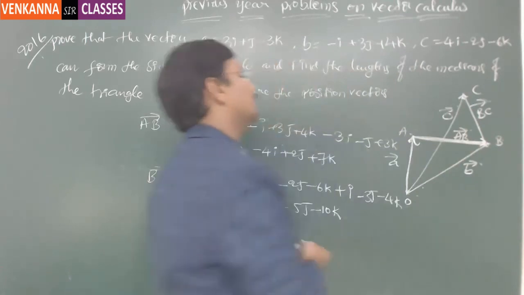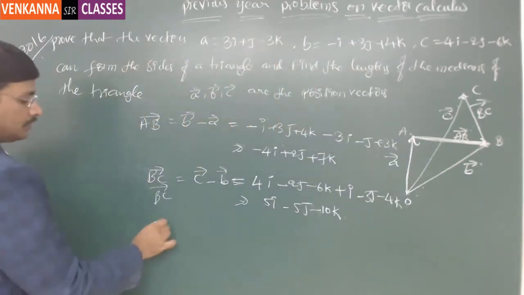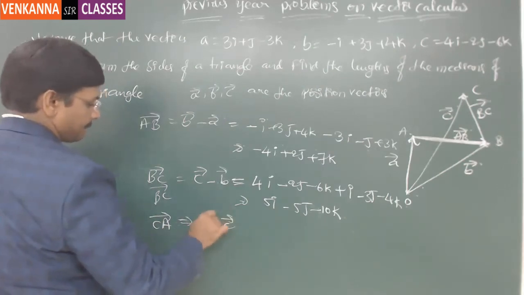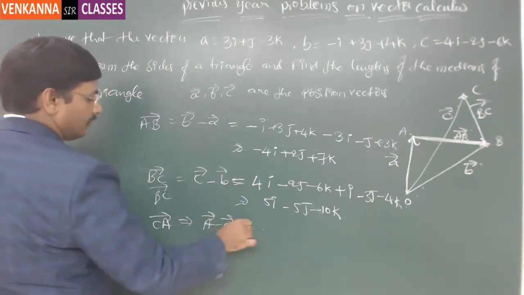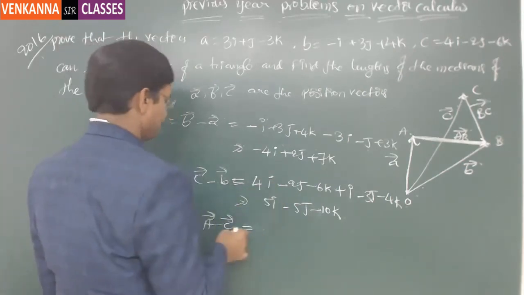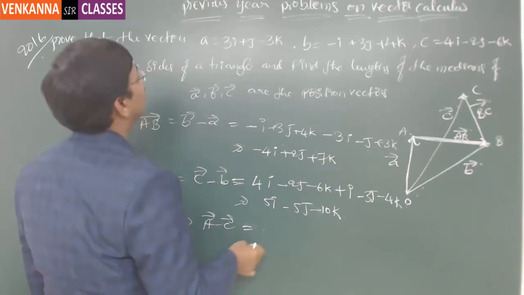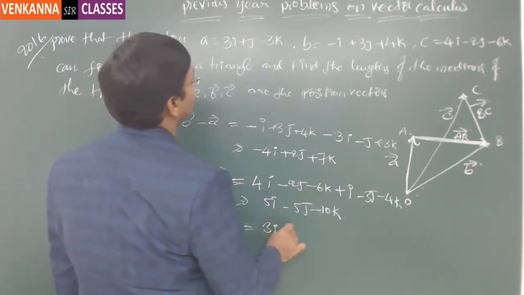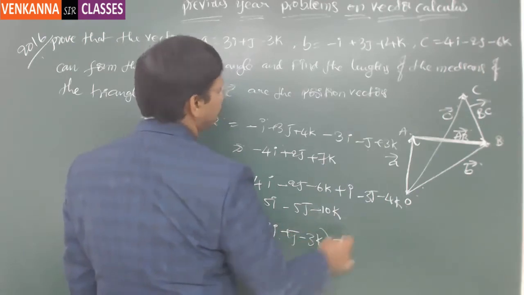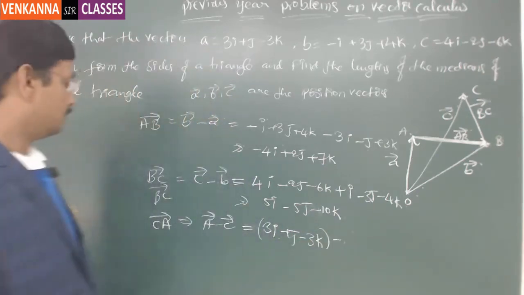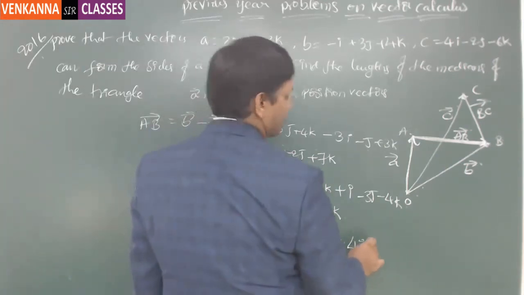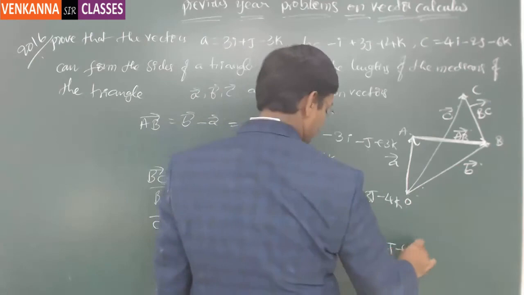Then the CA vector: CA is equal to A minus C. If you find it, this is vector A, that is 3i plus j minus 3k, minus C vector, that is 4i minus 2j minus 6k.